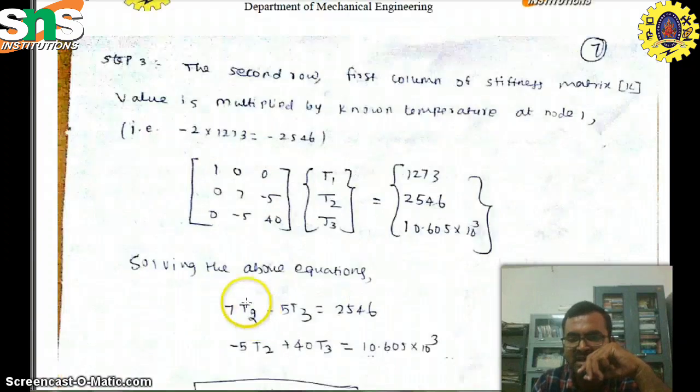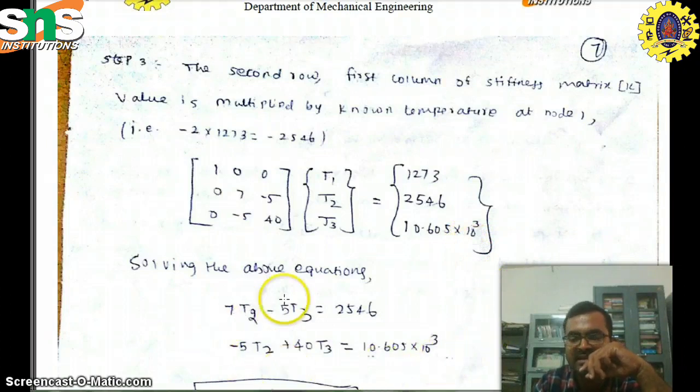After that we solve the above equations. We get 7 T2 minus 5 T3 is equal to 2546. This is equation number 1. And minus 5 T2 plus 40 T3 is equal to 10.605 into 10 to the power 3. This is the second equation.